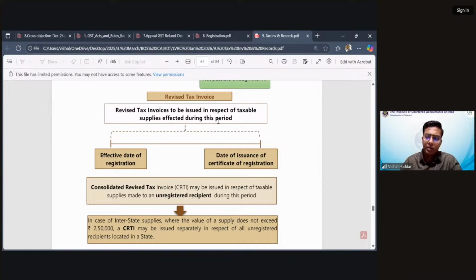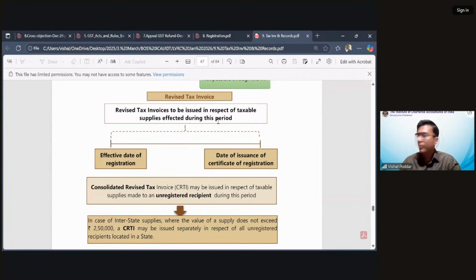Firstly, let me clear one thing. Again, there is a misunderstanding that this point of revised tax invoice allows any businessman that after they have issued one invoice and they find some mistakes in that invoice, they can change that invoice and make it a revised invoice.